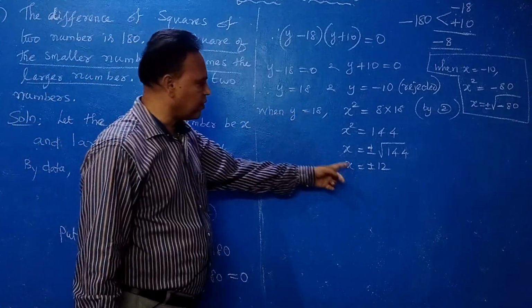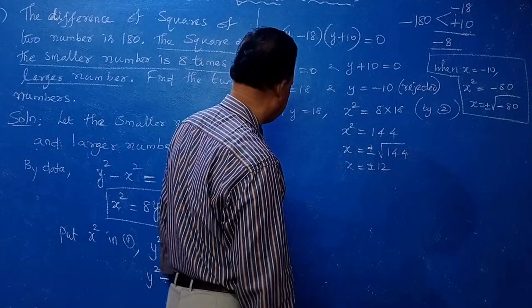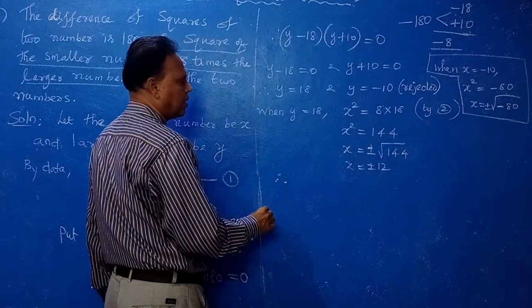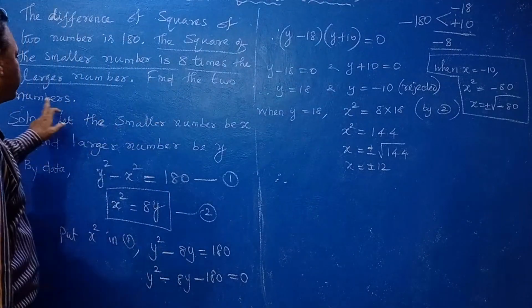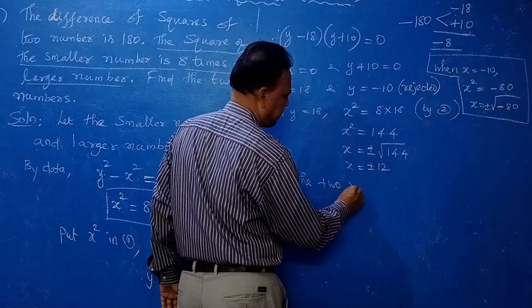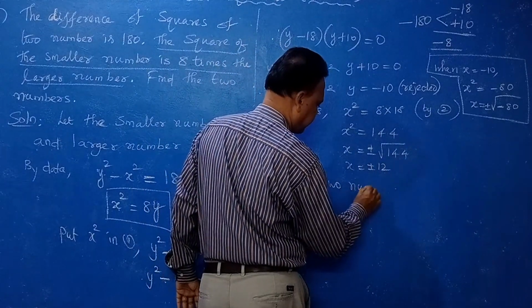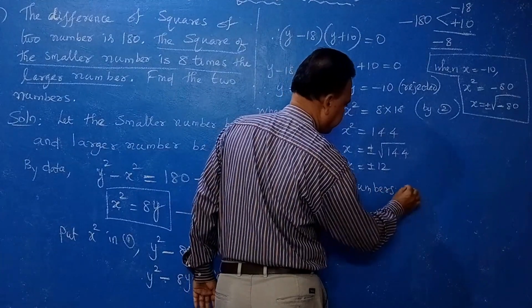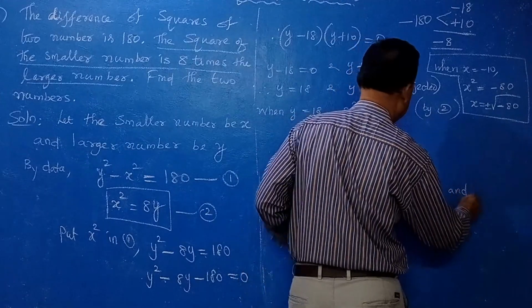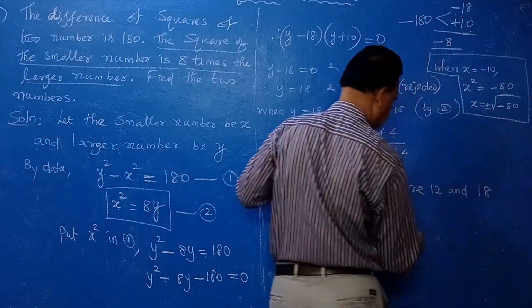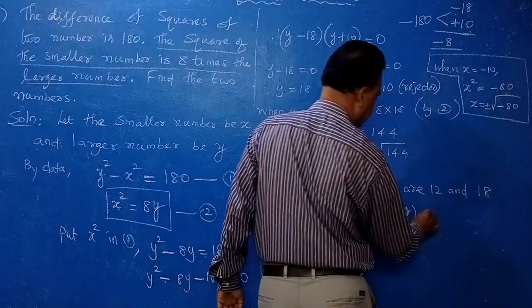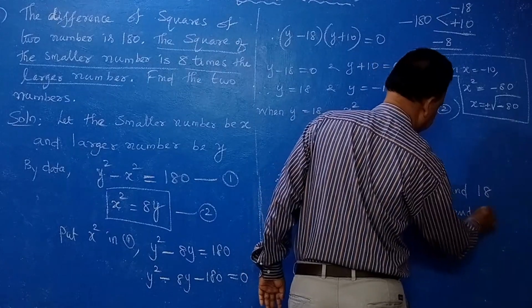So when y equal to 18, you are getting x equal to plus or minus 12. Therefore, the two numbers are: x is equal to 12 and y is 18, or x is equal to minus 12 and 18.